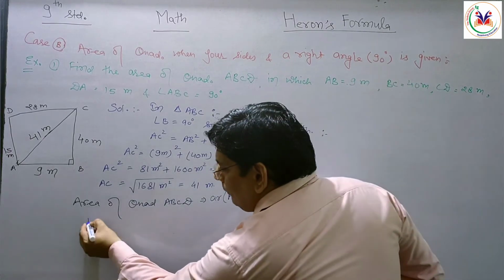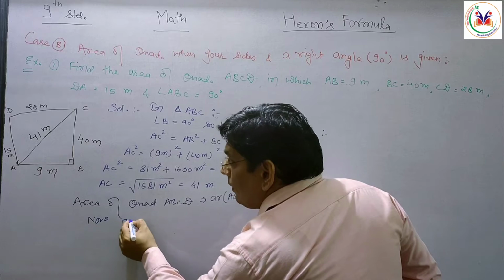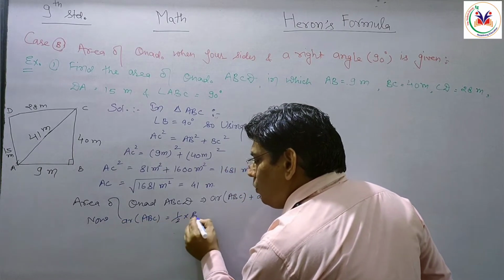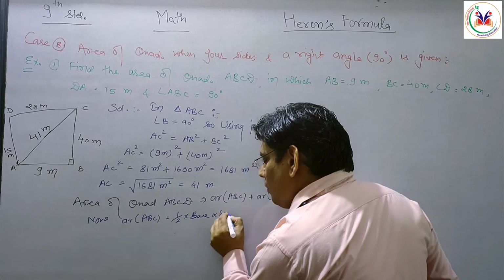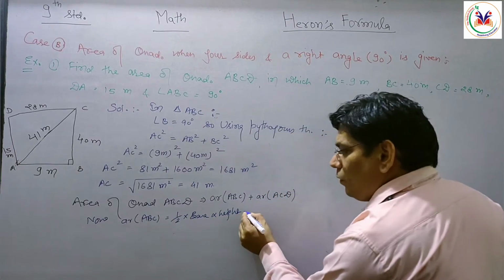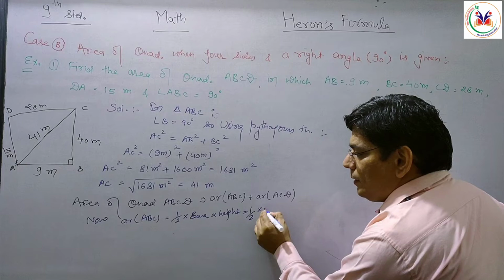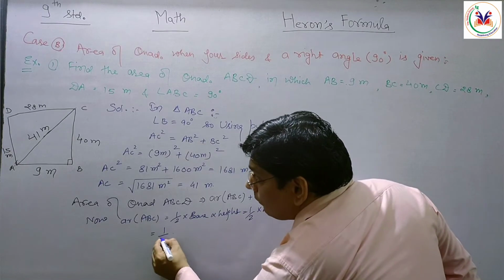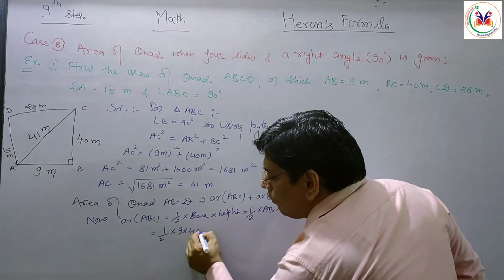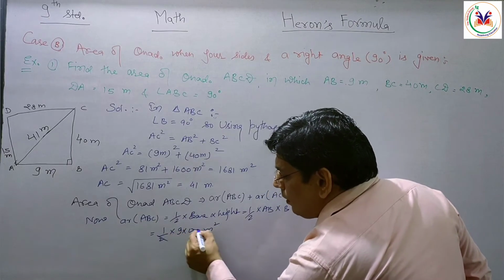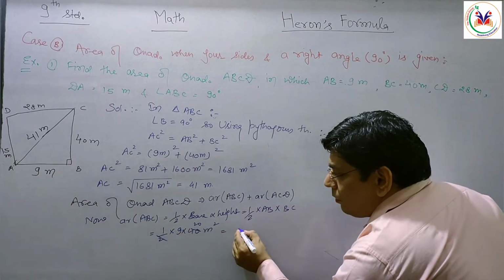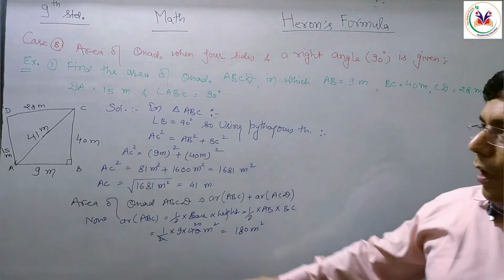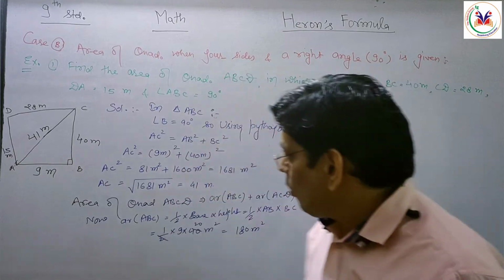Now, area of ABC, half into base into height. So half, base is AB and height is BC. So half into 9 into 40 meter square, that will be 20, you can get 180 meter square. Am I right? Now the half part has been solved.